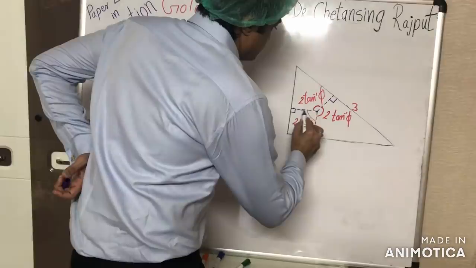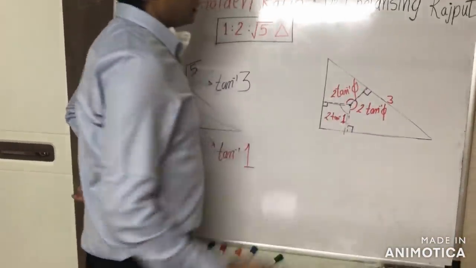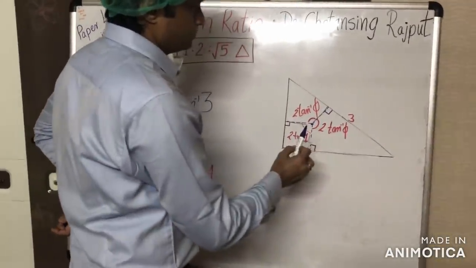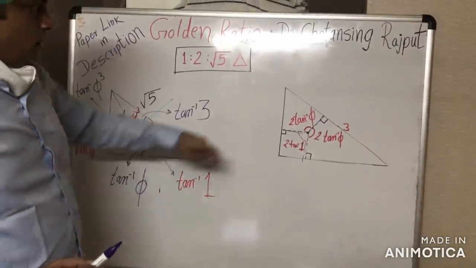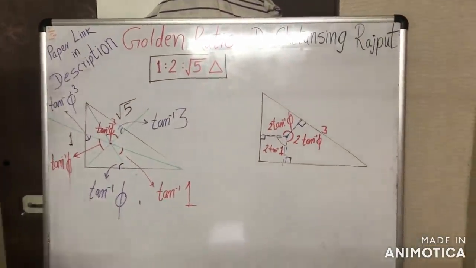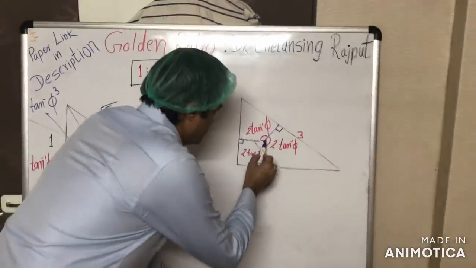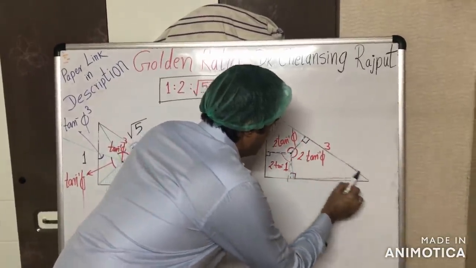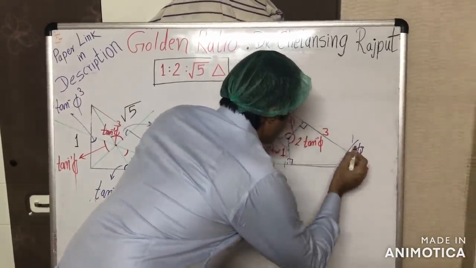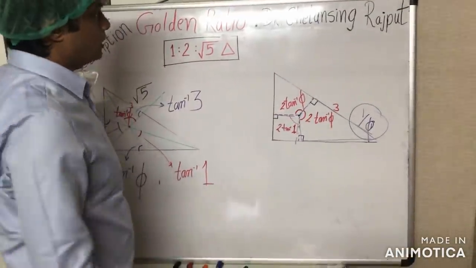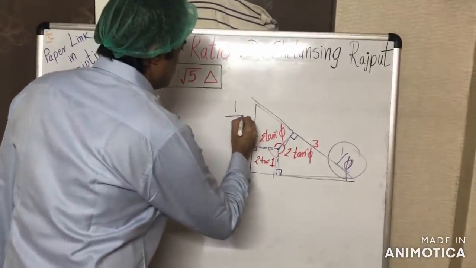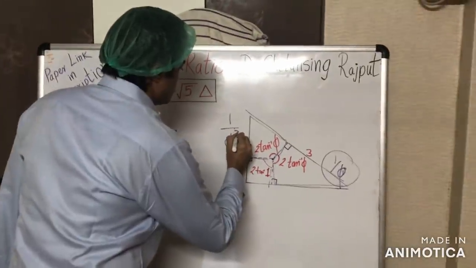See these 3 inradii perpendicular to the 3 triangle sides, and such 3 inradii divide this triangle area in a specific manner. Area of these 3 portions can also be expressed in terms of golden ratio. Like area of this quadrilateral here is precisely equal to 1 upon golden ratio. This is 1 upon phi. Area of this quadrilateral here is also precisely equal to 1 upon cube of golden ratio.